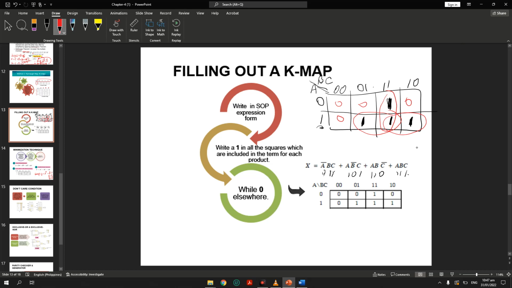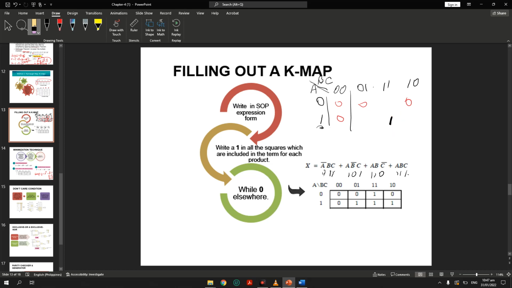Note, do not group terms which are already grouped, but you can include terms which were already part of a group if one of the terms in the proposed group is not yet part of a group, like this one.